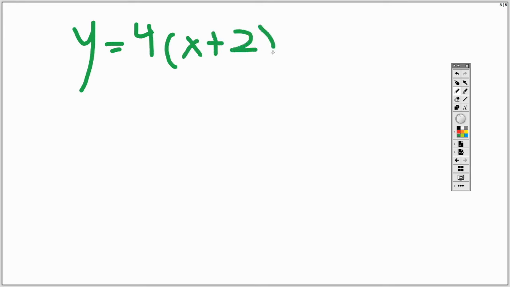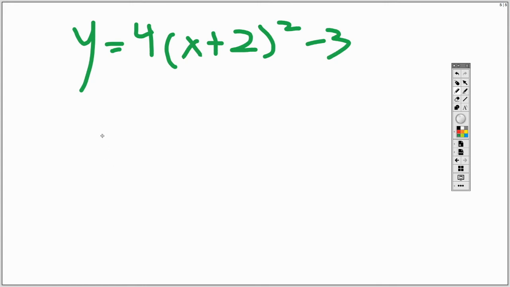Now what we're going to do is, lastly, turn that vertex form into the quadratic function standard form. So our vertex form is y equals 4 times x plus 2 squared minus 3, and we're going to turn that into standard form.